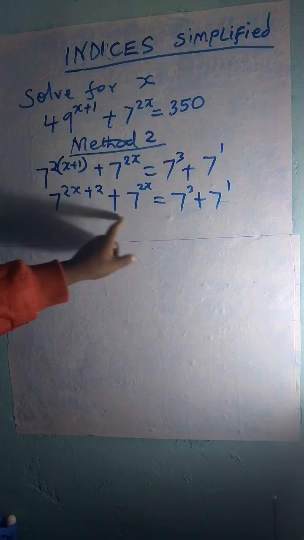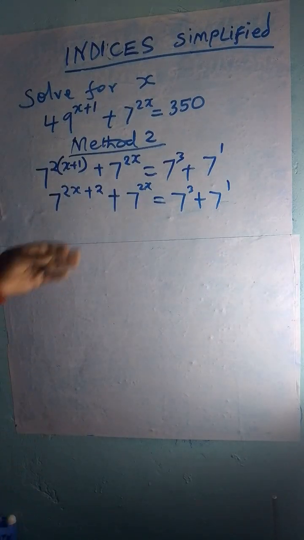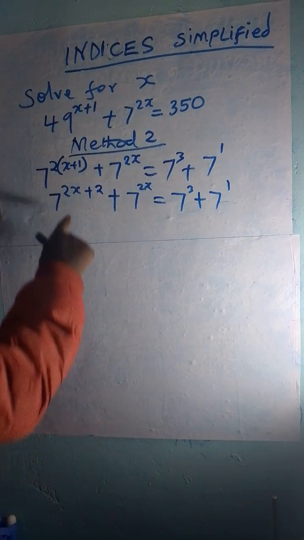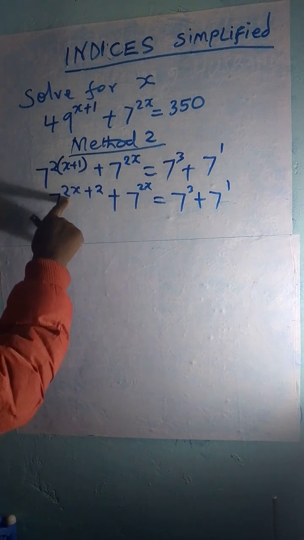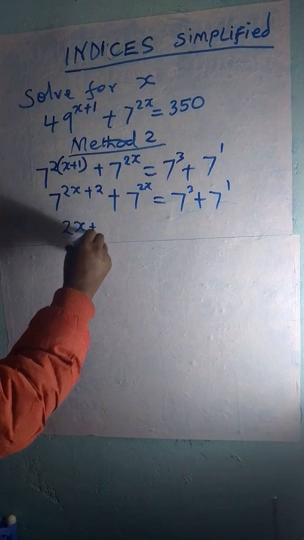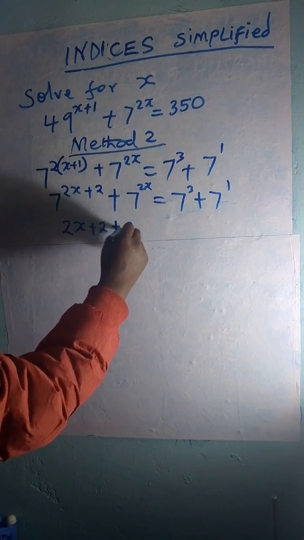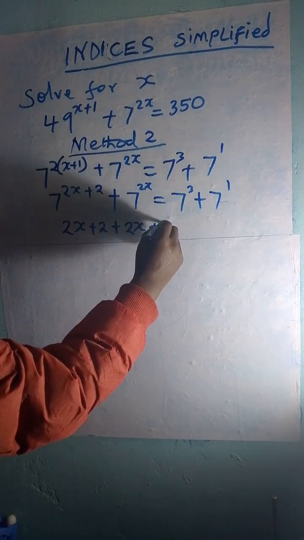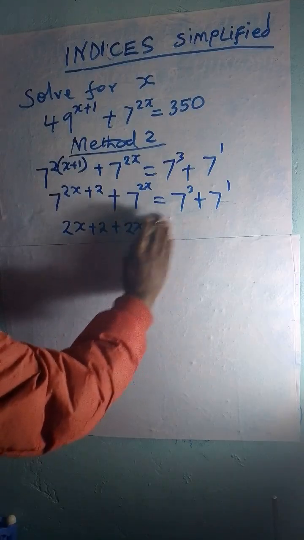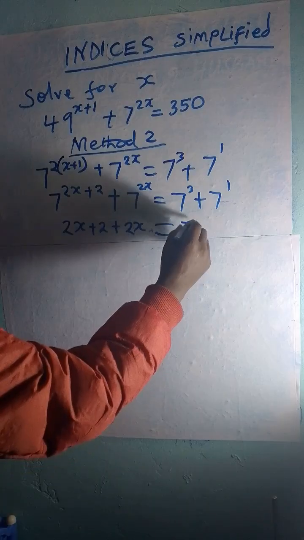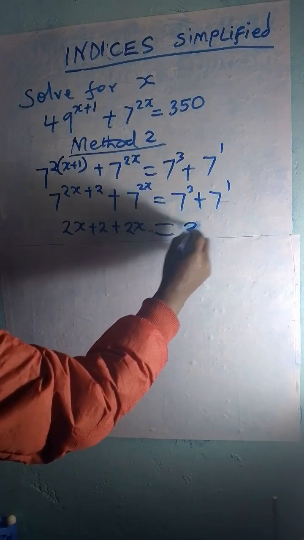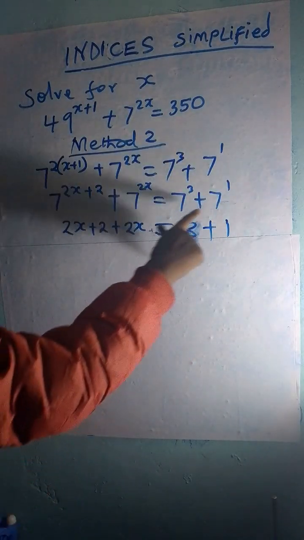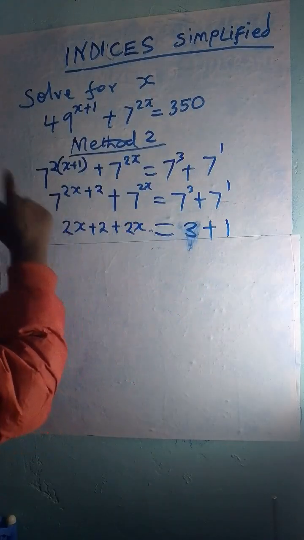Now since the bases are the same all through, you ignore them and deal with the powers. So this is 2x plus 2 plus 2x equal to 3 plus 1. Now we are dealing with the powers since the bases are the same.